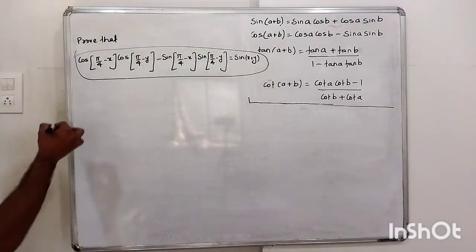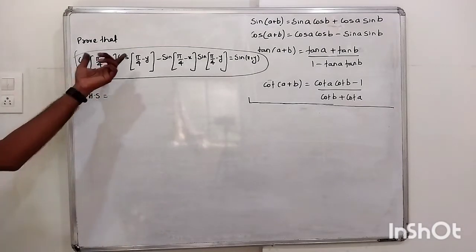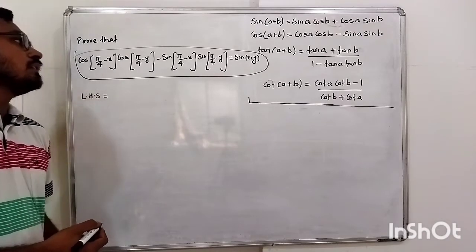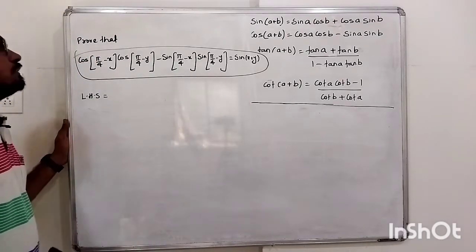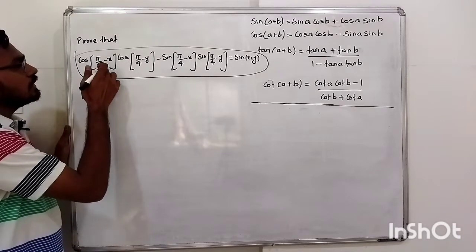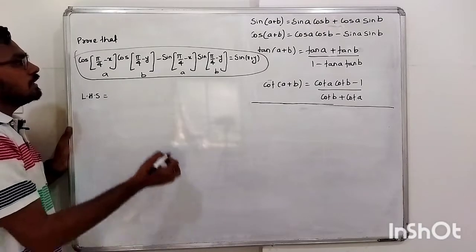So again, if you see LHS, cos of pi by 4 minus x into cos of pi by 4 minus y minus sin of pi by 4 minus x into sin of pi by 4 minus y. Okay, which is same as, see, if we consider this as A, this as B, and this as A, this as B, then this becomes what?